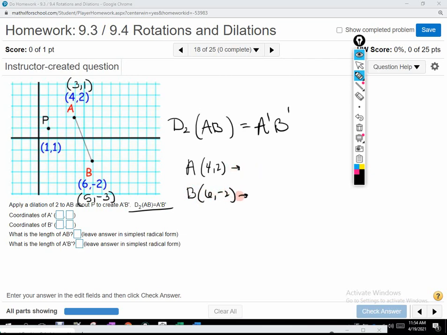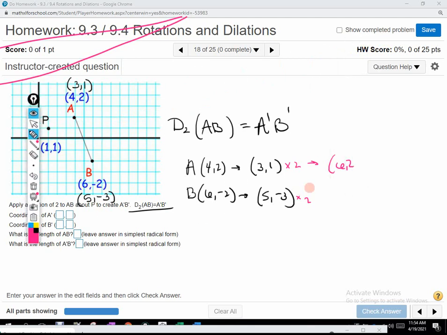They changed to 3, 1, and 5, negative 3. We're now going to dilate those, so now I'm going to multiply those by 2, and they're going to go to 6, 2, and 10, negative 6. Everybody okay with that?